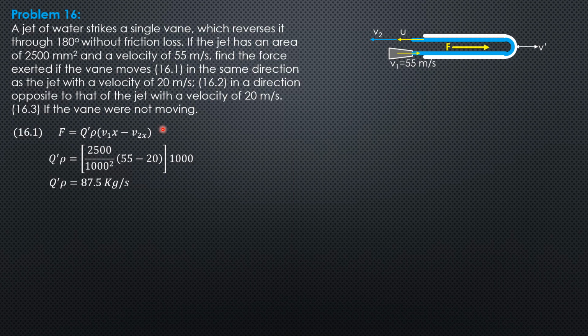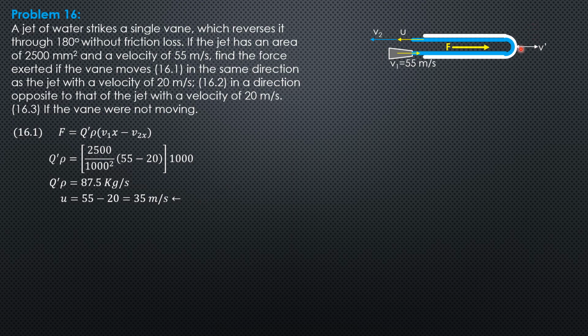Then V2x is, because this is U, which is 35 meters per second, and we have V prime here, which is positive 20. So U is 35 meters per second, which is leftward, that is negative.